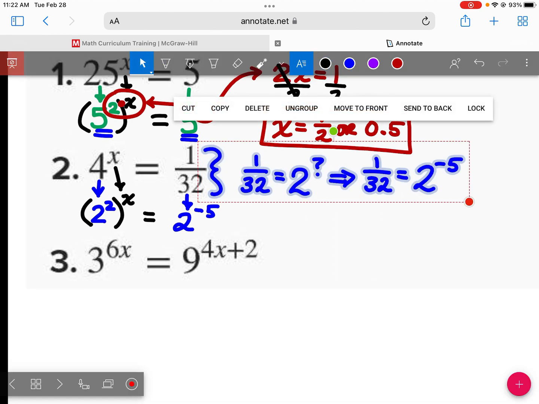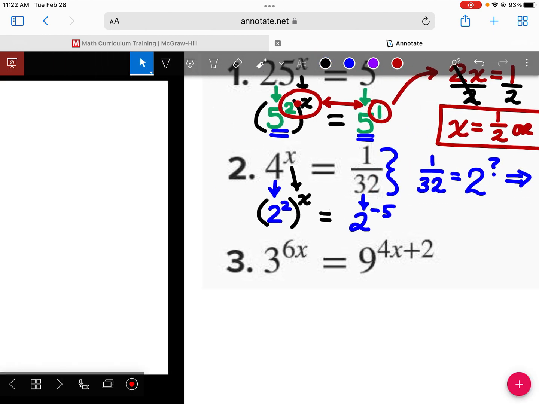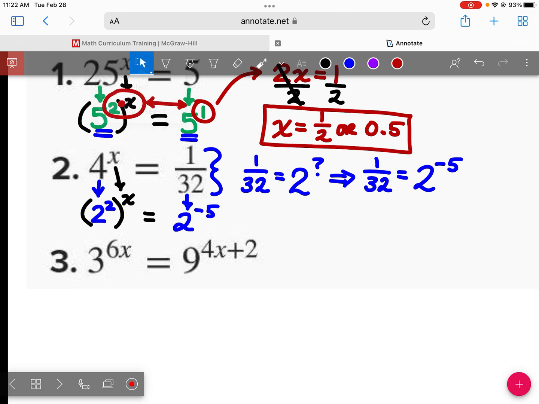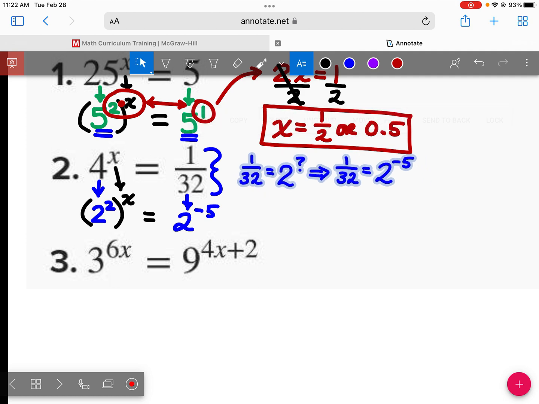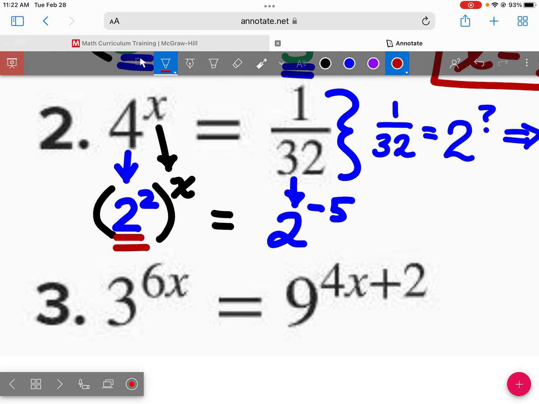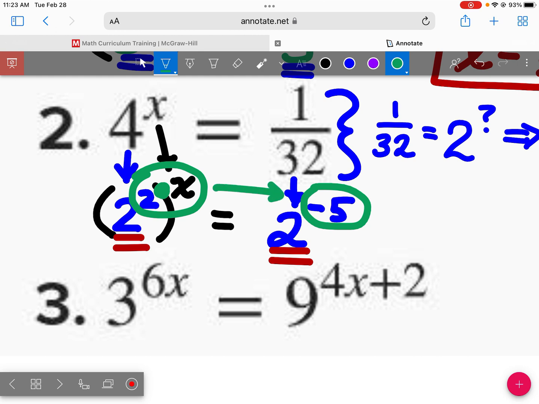Do those bases match? Yes. Since the bases match, what can I do? Make the exponents equal. So here's the exponents on this side. We multiply those together. Here's the exponent on this side.